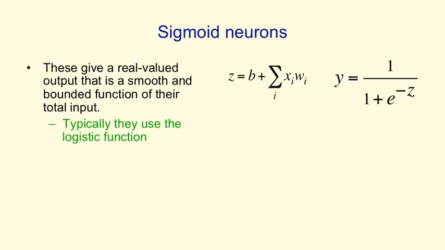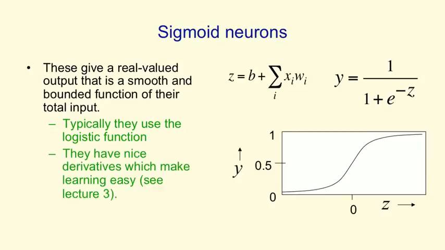The output for a logistic neuron is 1 over 1 plus e to the minus the total input. If the total input's big and positive, e to the minus a big positive number is 0, and so the output will be 1. If the total input's big and negative, e to the minus a big negative number is a large number, and so the output will be 0.